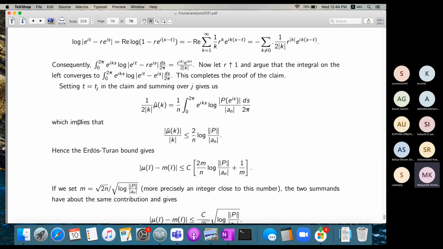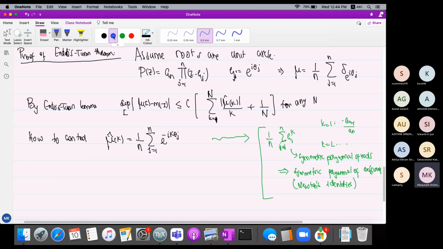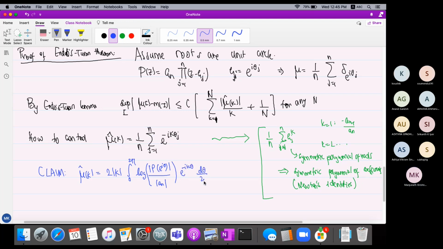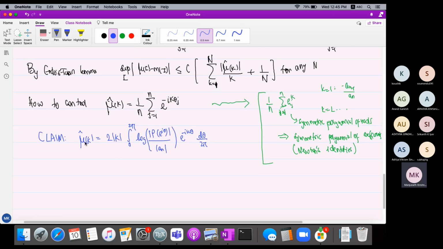Right, so the claim is that mu hat of k is 2 times mod k, and actually for me k is positive, but for any k this is true, 2 times mod k times the integral 0 to 2 pi of log mod p of e to the I theta over a_n, times e to the minus I k theta, d theta over 2 pi. So this is the expression for mu hat in terms of our polynomial.